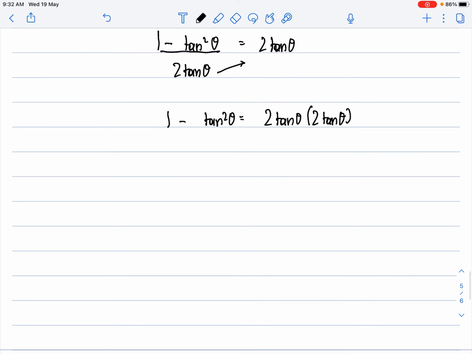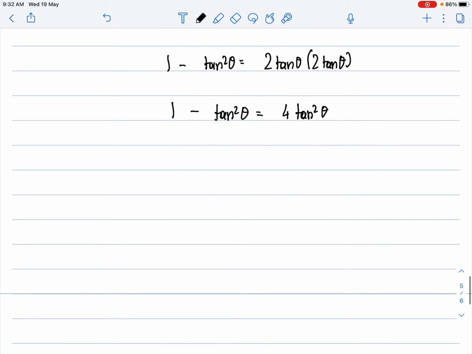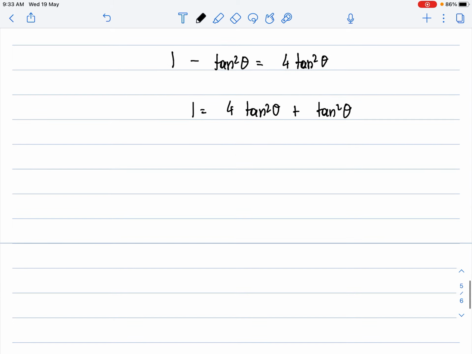Now I can write this as 1 minus tan square theta is equal to 4 tan square theta. So now this can be written as 1 equals to 4 tan square theta plus tan square theta, which I can write as 5 tan square theta equals to 1, correct?